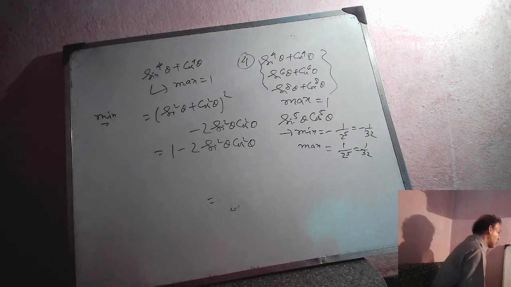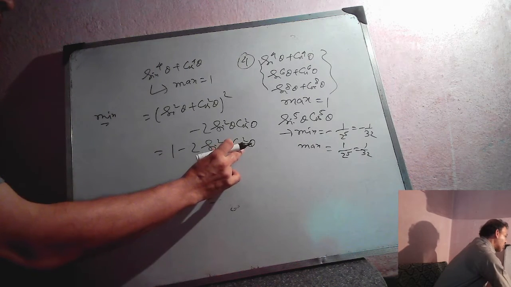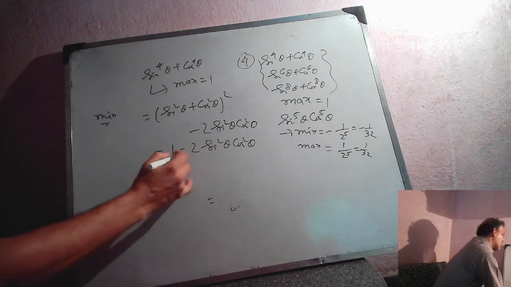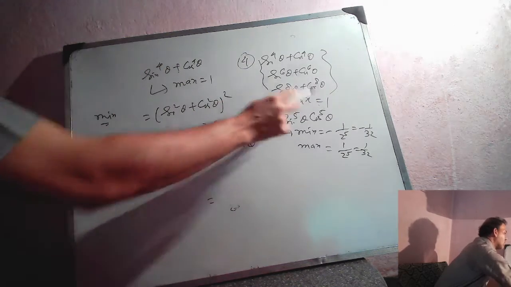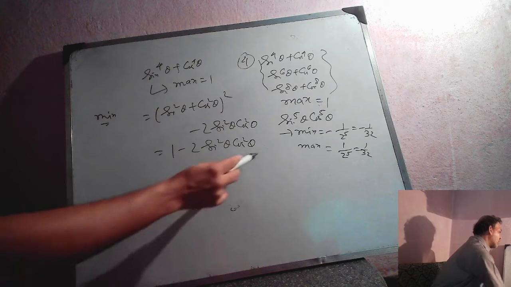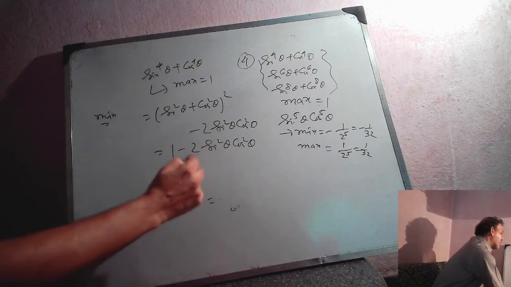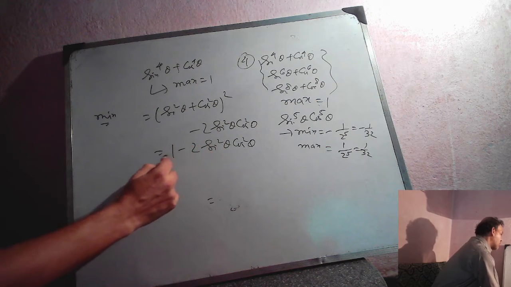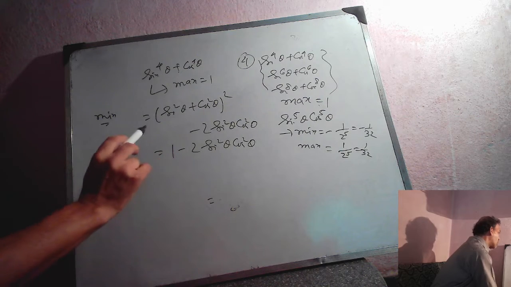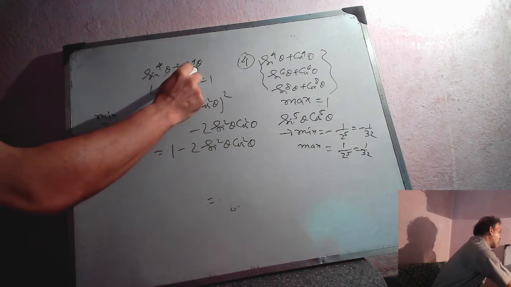Its maximum value will be, if this part is 0, 1 minus 0 equal to 1. This will take its maximum when this part vanishes, so the maximum value of this is 1.